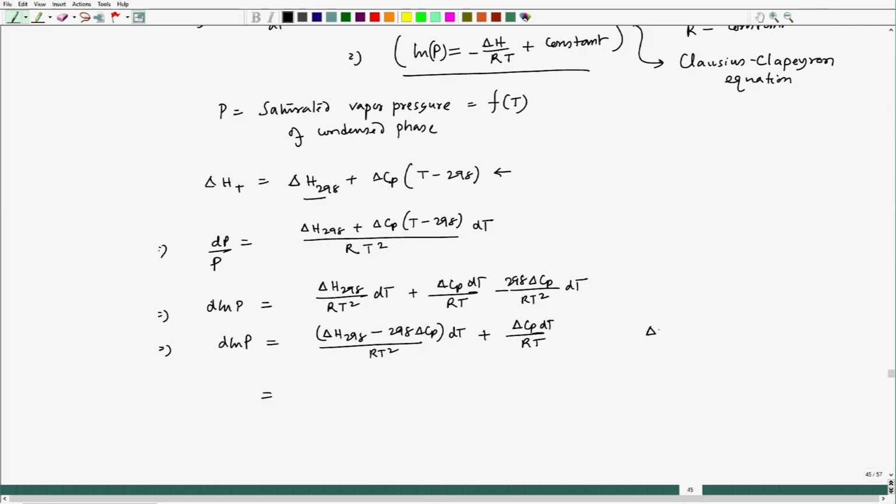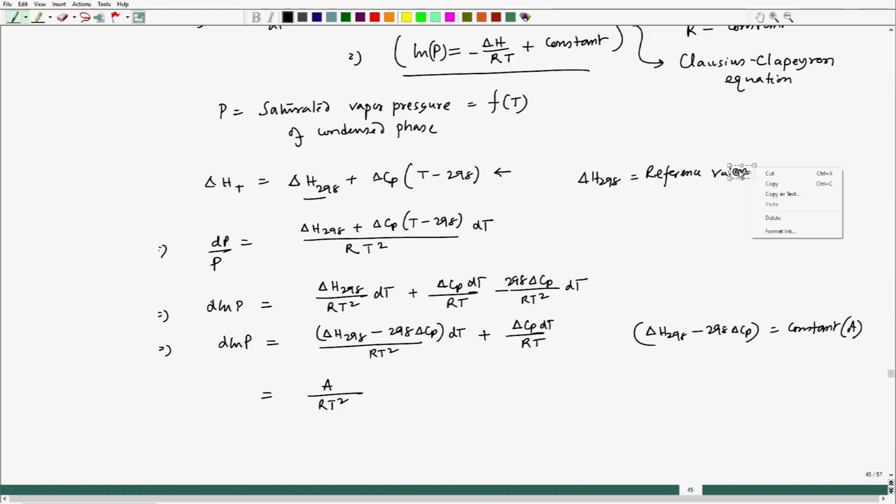In fact, delta H 298 minus 298 into delta Cp is basically a constant. Let me put it as A. So, A divided by R T square, and remember delta H 298 is basically a reference value of enthalpy.